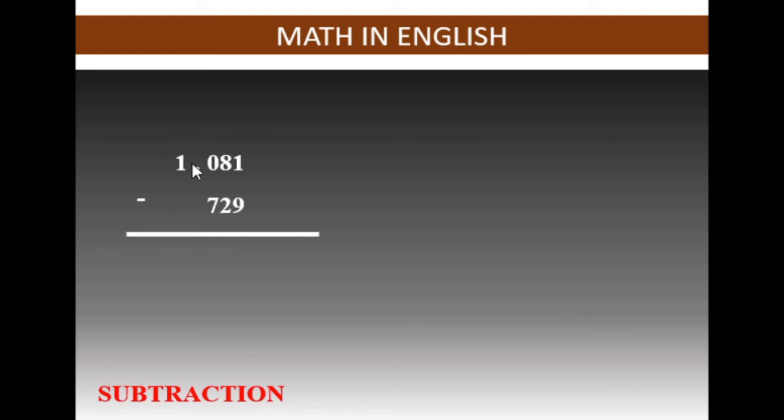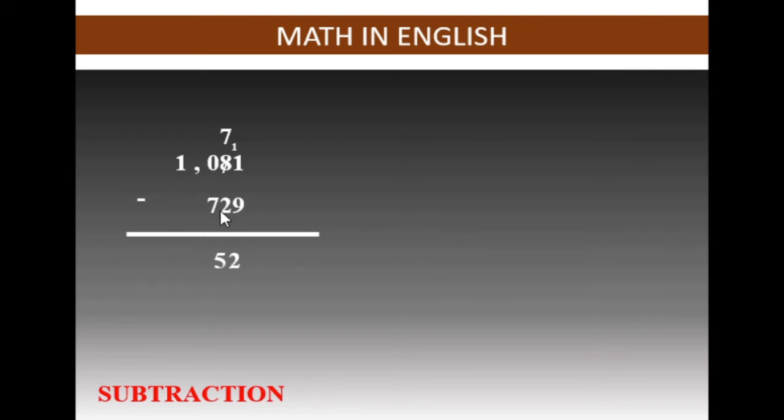So you need to borrow 1 from 8. So 8 becomes 7 and 1 becomes 11. So 11 minus 9, you have 2. 7 minus 2, you have 5.